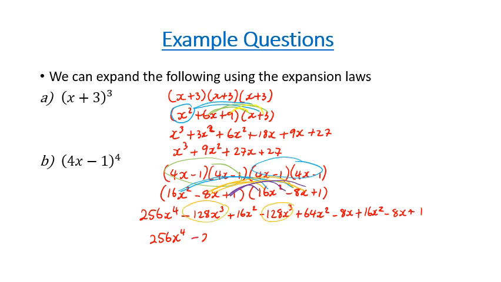So minus 256x to the power of 3. We've got x squared and x squared, which will give me 96x squared. Then we've got negative 8x, negative 8x, gives me negative 16x, and then I'm left with plus 1.